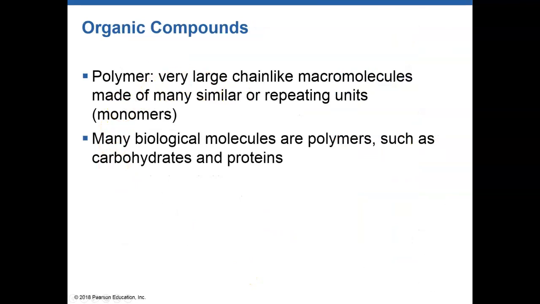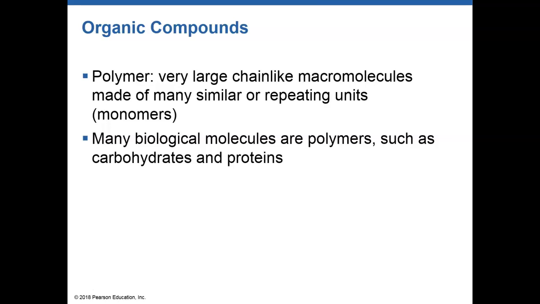So now we're going to get into organic compounds. And I'm only going to start the organic compounds, and then we'll get into another video really going into those compounds. An organic compound contains hydrogens and carbons. Remember that.